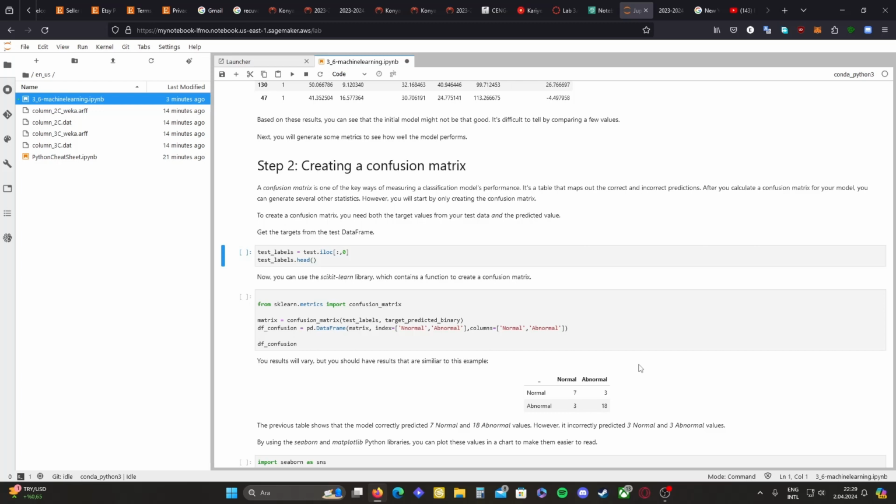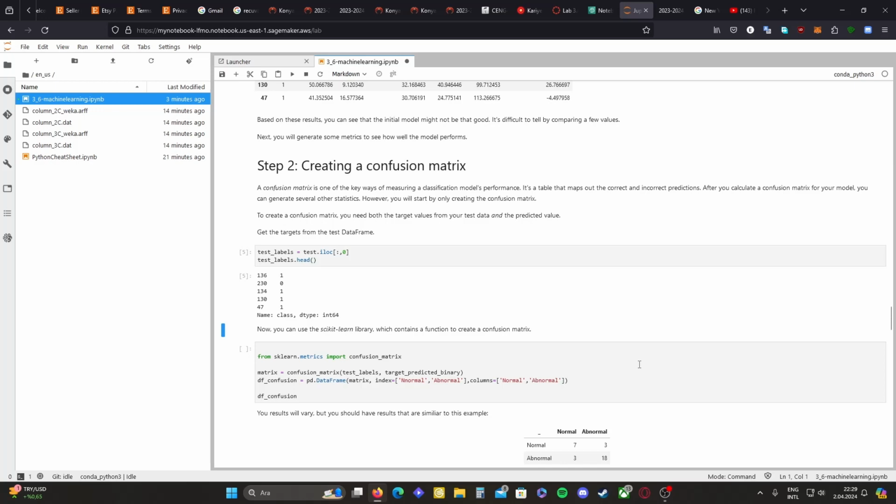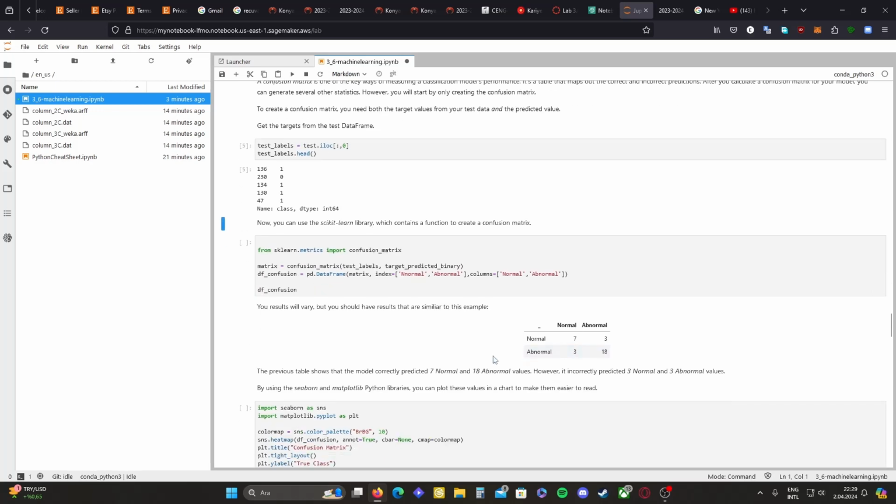To create a confusion matrix, we need both the target values from our test data and the predicted values. So I get the targets from the data frame. Now we can use the scikit-learn library, which contains a function to create a confusion matrix. We import confusion_matrix from sklearn.metrics and call it with the test labels and the predicted targets.